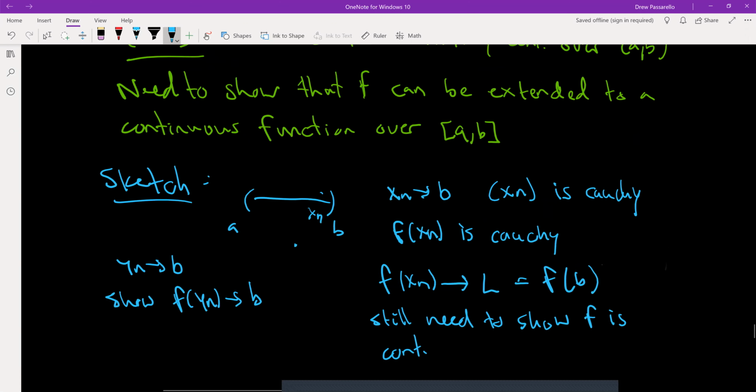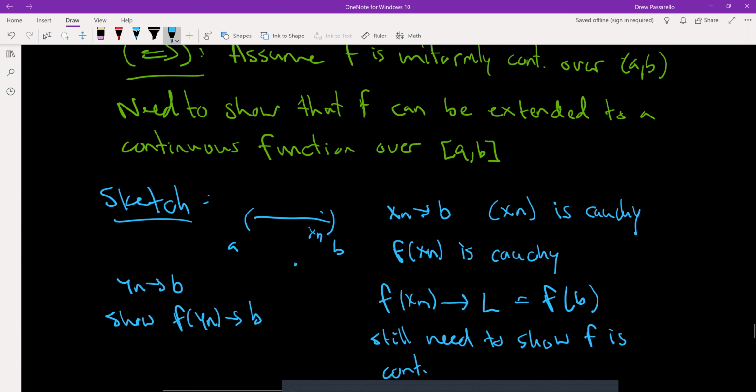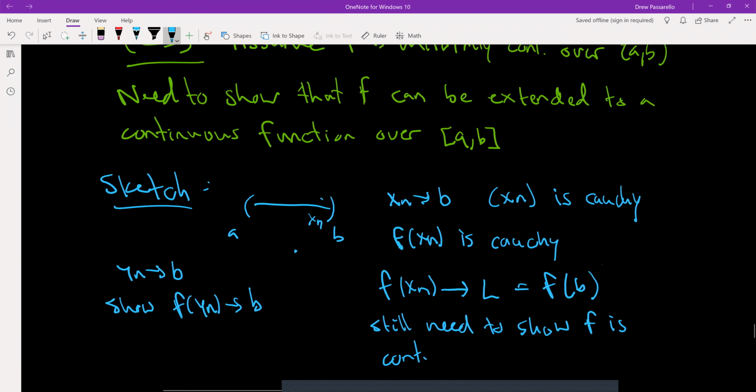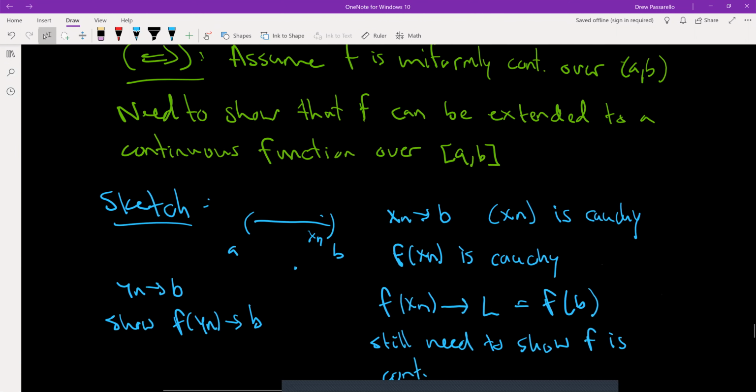So we're going to use the fact that f is uniformly continuous over (a, b), and we need to show it can be extended to a continuous function over the closed interval [a, b]. So let's focus on the endpoint b. If there's a sequence xn that converges to b, that means xn is Cauchy, and then f of xn is Cauchy. So that means it converges.